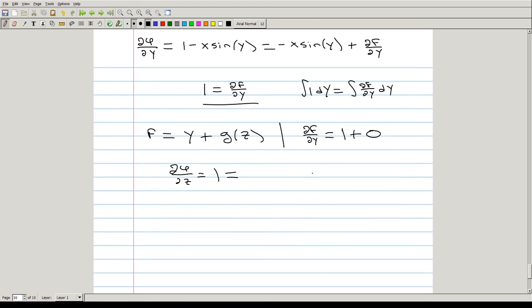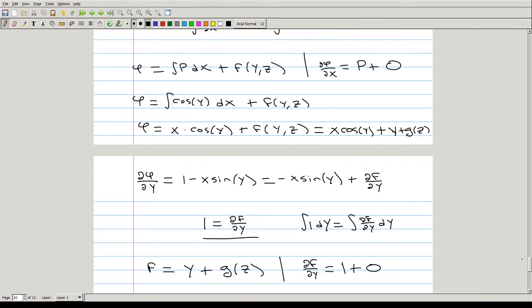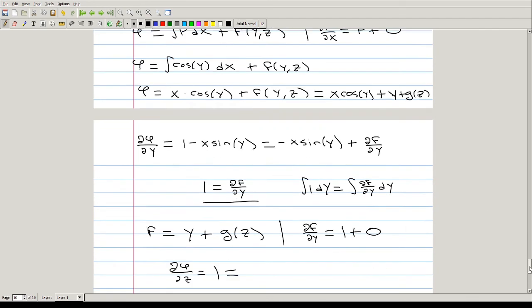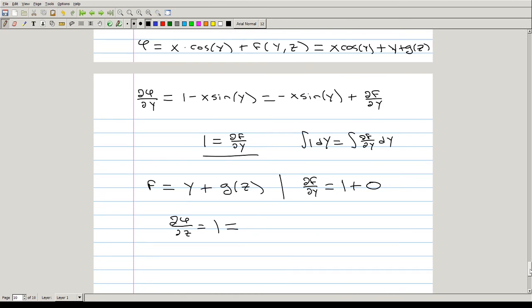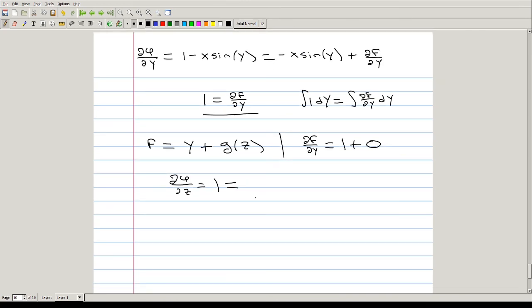And with phi being equal to this, d phi dz is going to be, well, the z partial derivative of this is 0. The z partial derivative of y is 0. So we're just left with g prime of z. The z partial derivative of g of z is g prime.